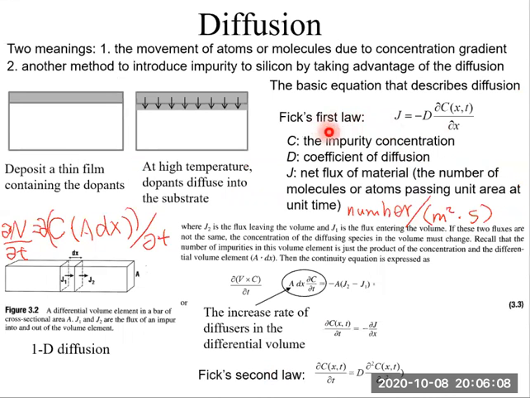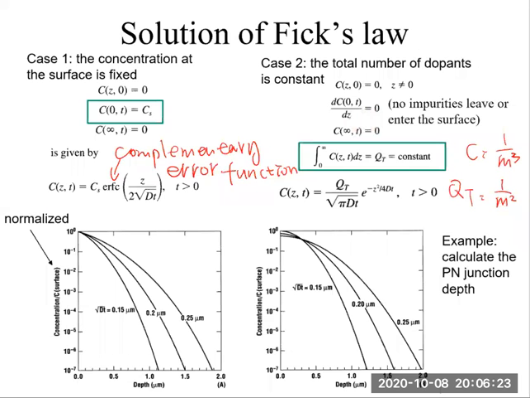Then from Fick's first law, J is equal to D times the concentration gradient. With a 0 concentration gradient, J is 0, namely the flux is 0. So no impurities leave or enter the surface. Across the surface, the flux J is 0. So that's another boundary condition.